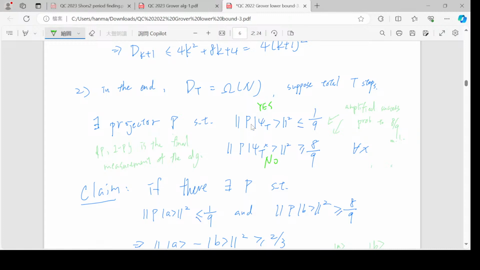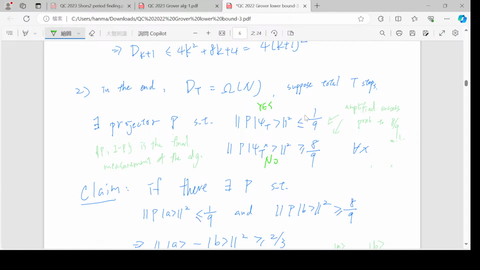So we'll say P is a projector that will reject your result. So the yes instance reject probability should be less than or equal to 1/9, just some constant. And the no instance reject probability should be bigger than 8/9.